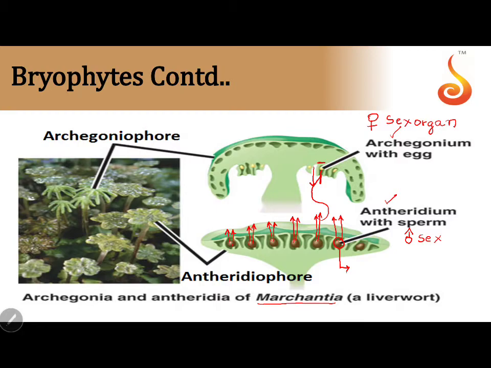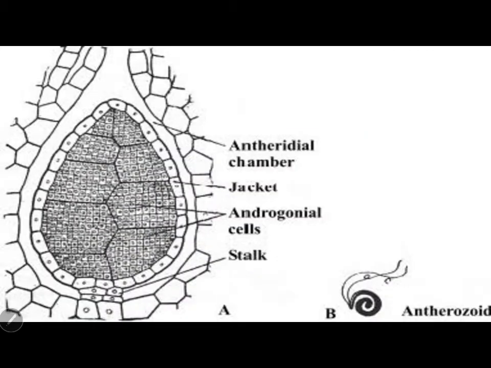Now in one slide I shall discuss how one Antheridium looks, and how one archegonium, this one unit, looks. So we will start with Antheridium. This is a very good picture which I got.